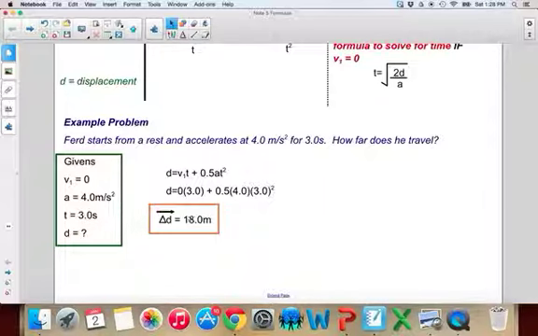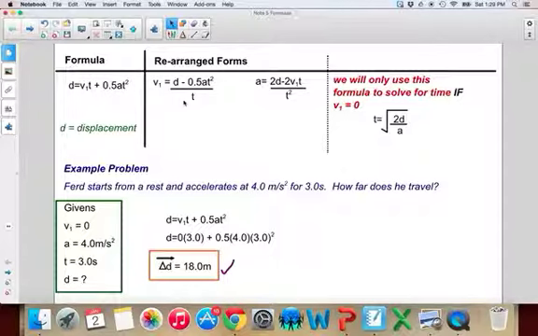Again, if I want to check mark that, is 18 a good number? Probably. We don't really know what Ferd's doing, but it's a realistic number, right? He's 3 seconds, he's got a big acceleration, it makes sense that he might travel 18 meters. It's a reasonable number. So that's using that formula there.